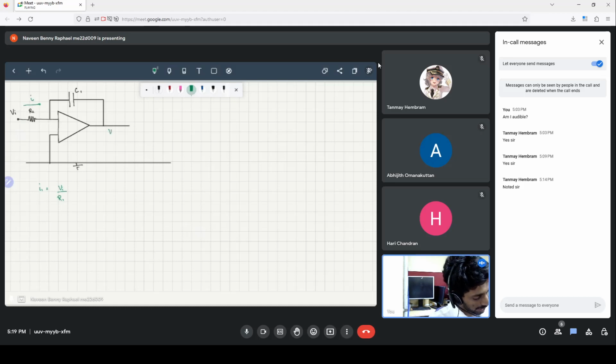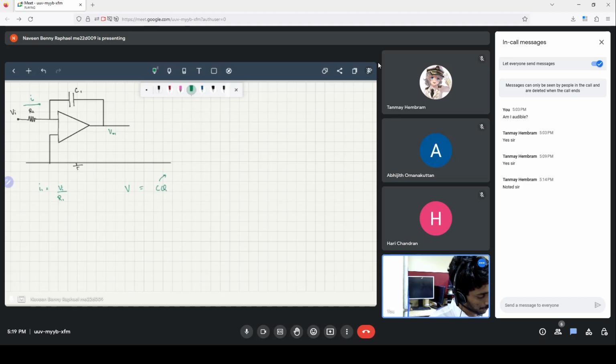Let's call this V01 because we can consider this as the first output. We know the potential across a capacitor is V is equal to Q by C, where C is the capacitance, and Q is the charge on the capacitor.